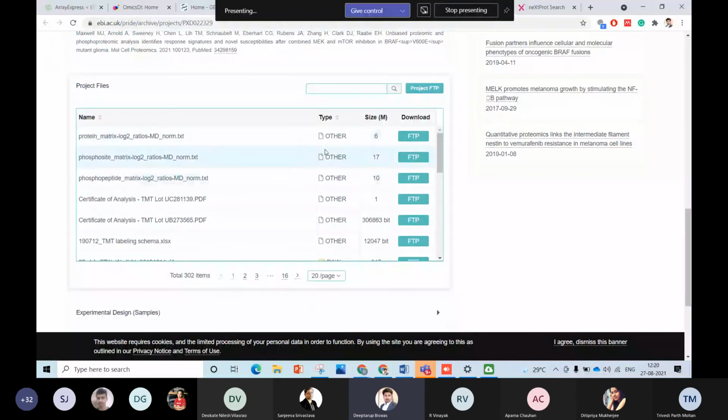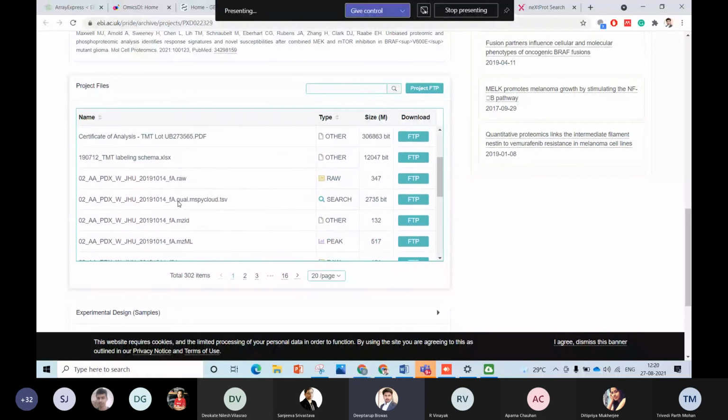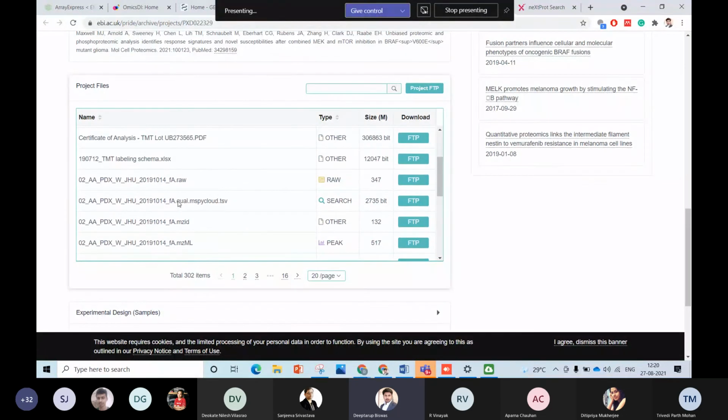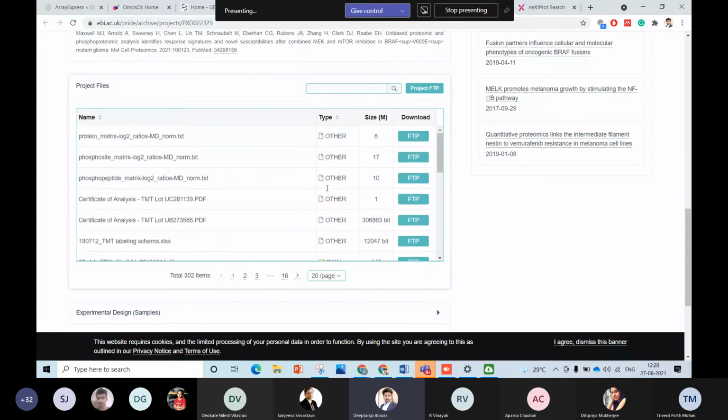As you can see, all these data sets and raw files are available, mzML files are available. If I need to do the reanalysis, I will download all these raw files and take it forward. If I only want to see what the unfiltered output file looks like, then I will take the result file and take it forward.